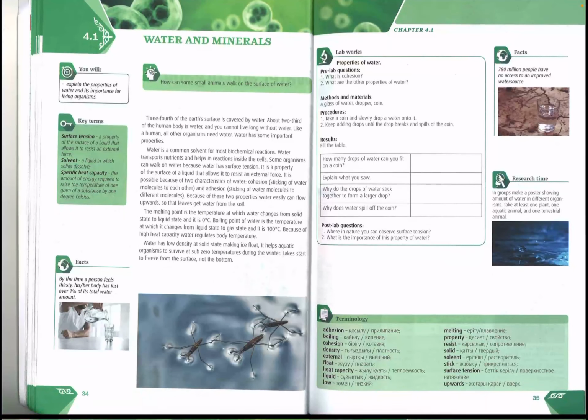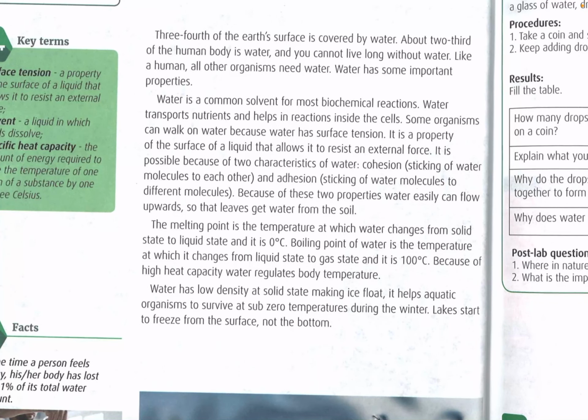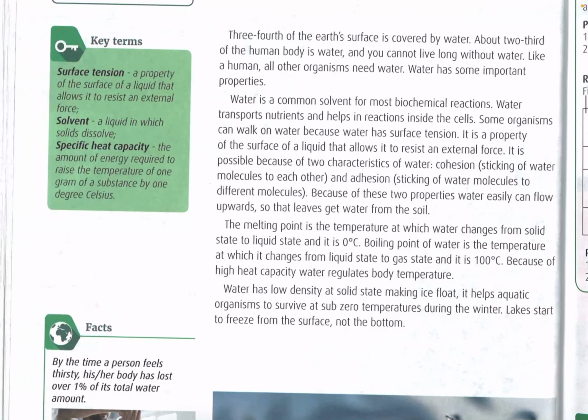Так. And the last topic is here. It's about water and minerals. So you need to just read this text several times, and memorize some specific terms. First, it's called surface tension. So it is one of the properties of water by which liquid, so this water, tries to combine together because of internal forces between the molecules of the water.